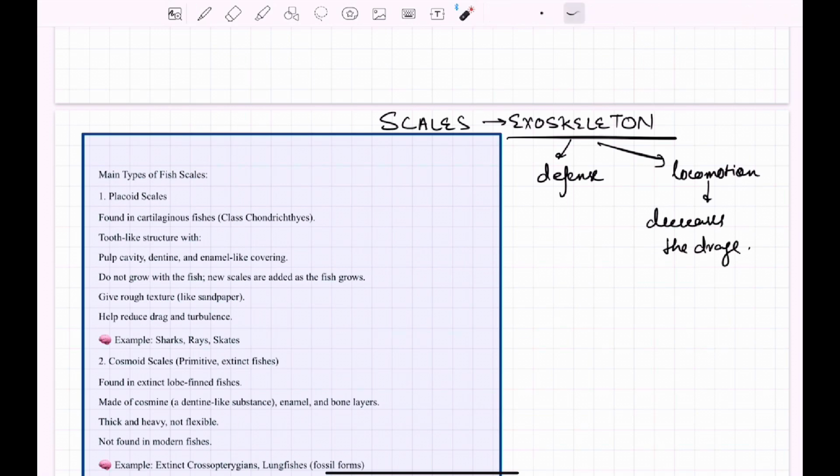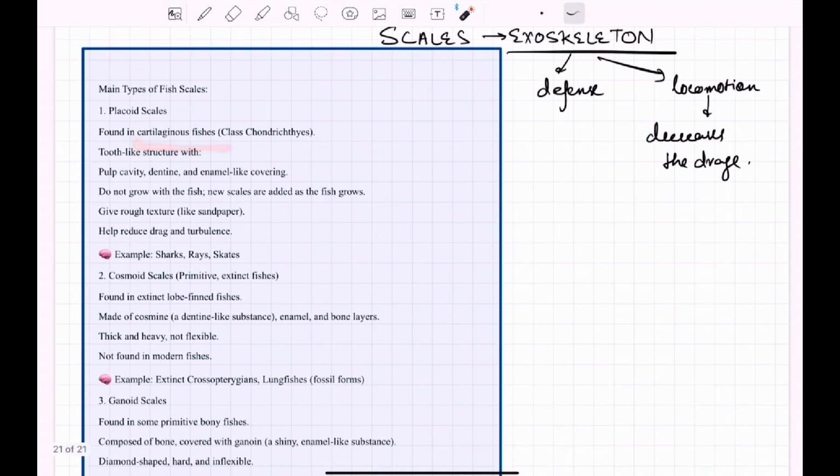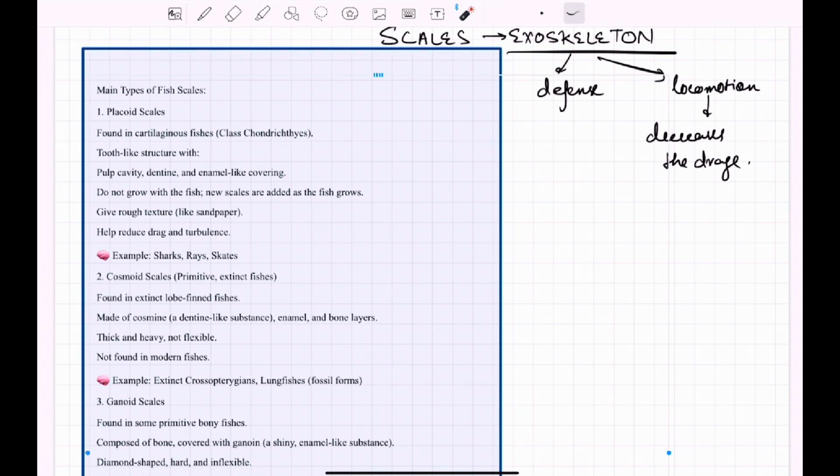So the first is the placoid scale. It is found only in the cartilaginous fishes. These are tooth-like. They have a pulp cavity, dentine and enamel, and they do not grow with the fish. New scales are added as the fish grows. They give a rough or sandpaper texture. For example, sharks, rays and skates. They help to reduce the drag.